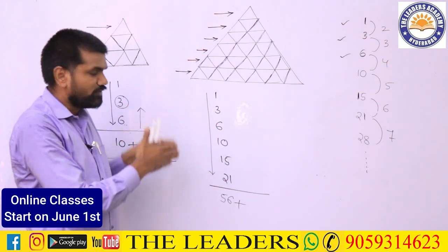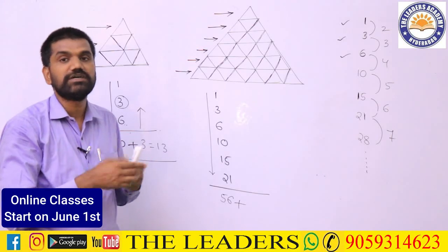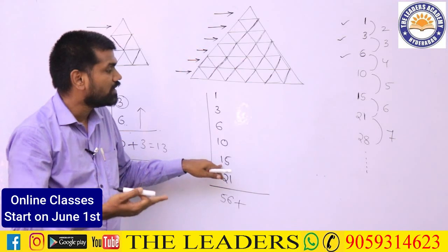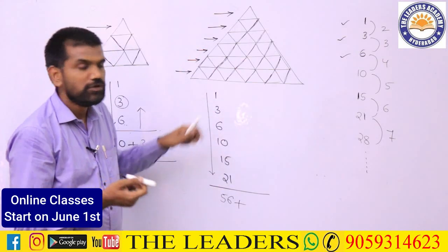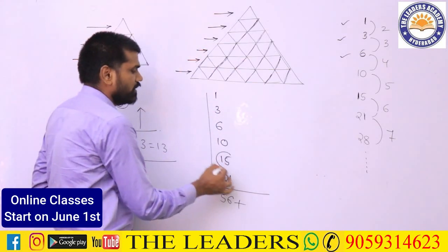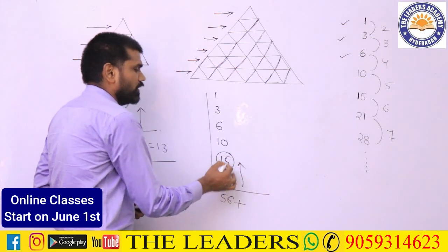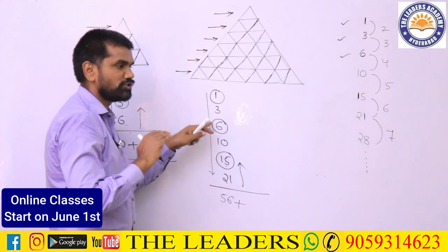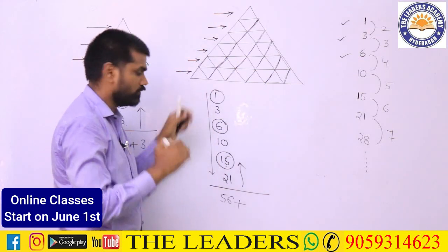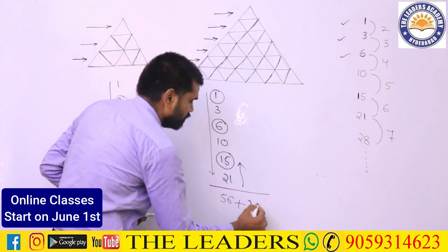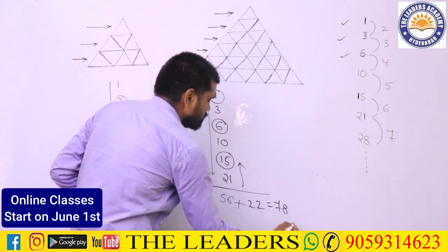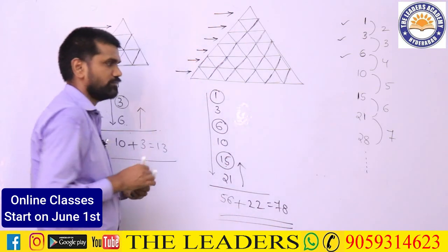After adding the numbers vertically, go in reverse order, leaving the last number, taking the alternate numbers and adding them. The alternate numbers here in reverse order are 15, 6, 1. So 15 plus 6 is 21, plus 1 is 22. Add it: 56 plus 22. In total it gives 78.